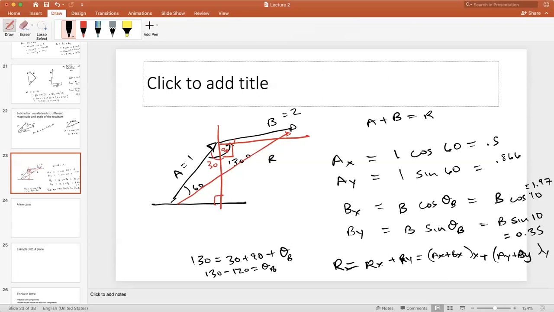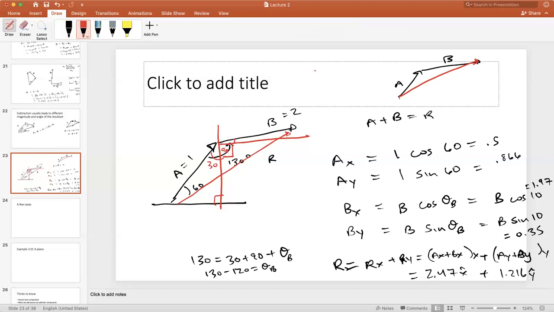Ax is a half, Bx is 1.97, so this would be 2.47 in the x, and 0.35 plus 0.866 is 1.216 in the y hat, which you can kind of see. This looks like it's about that. If A goes here and B goes here, our vector is about 2 long and 1.2 high. That is going to give us our R.